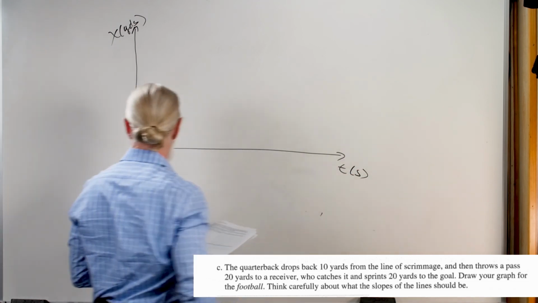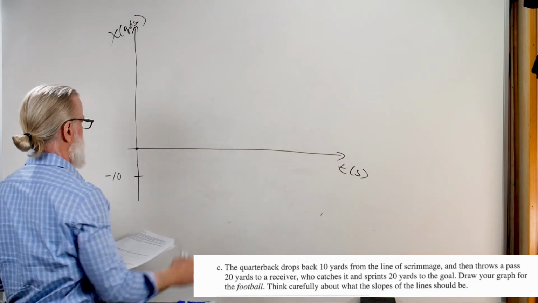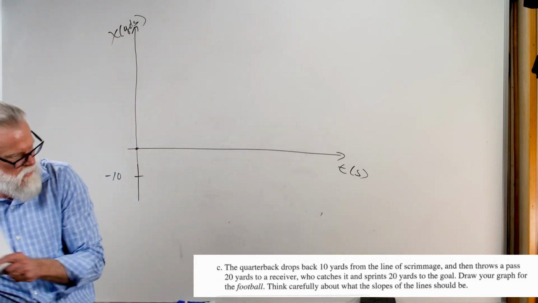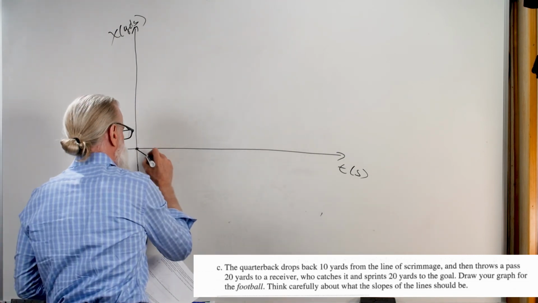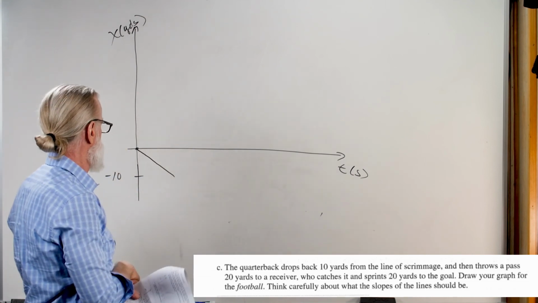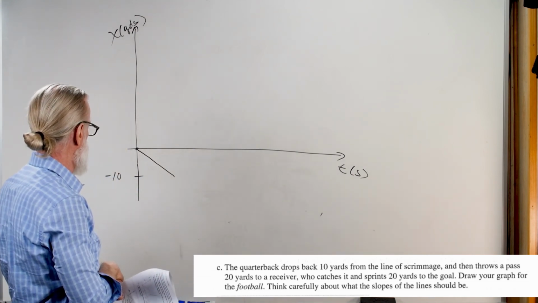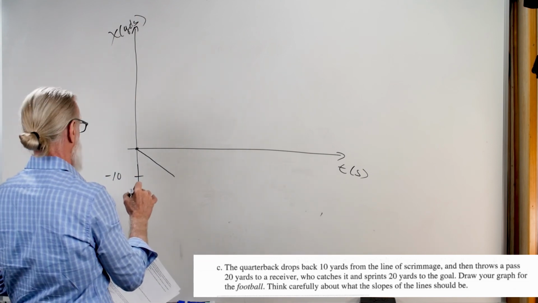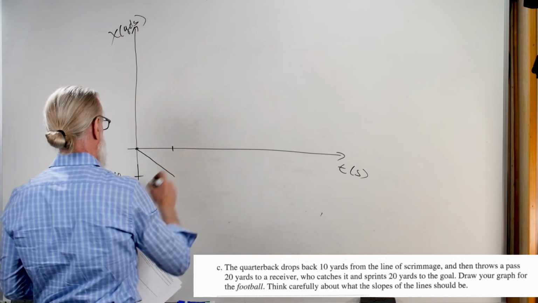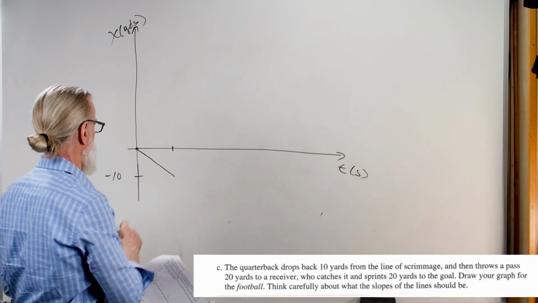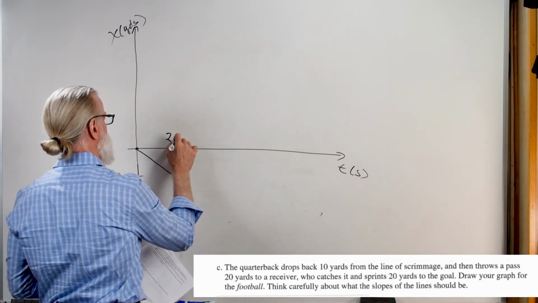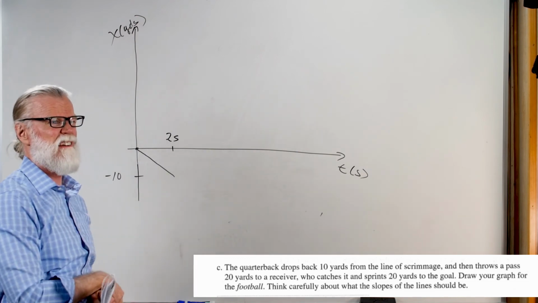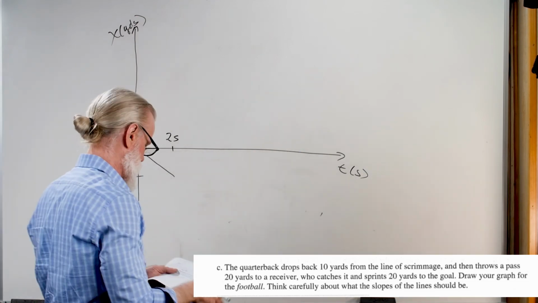So it starts here, he snaps the football and goes backwards, something like that. Let's say it takes him 2 seconds to drop back, and that's 5 yards per second. All right, I'll buy that.